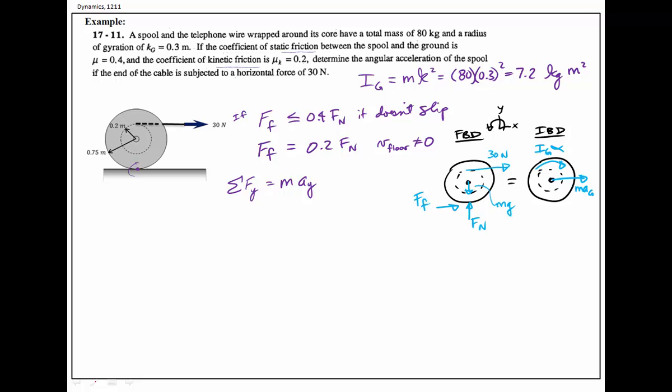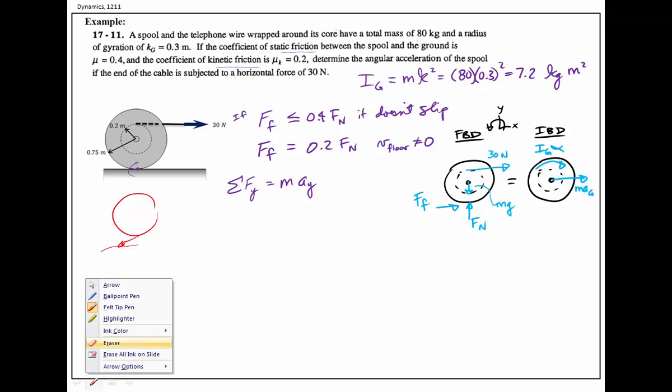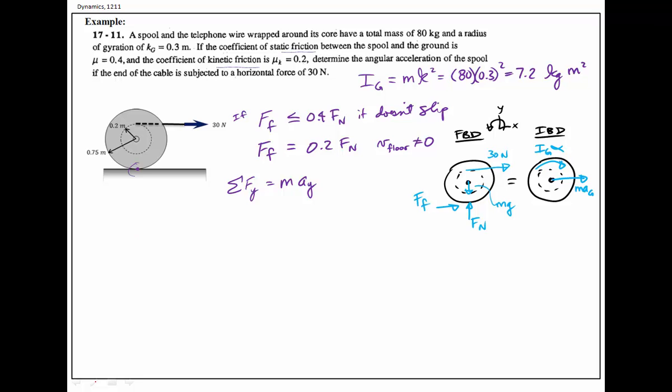The wheel itself will impart a force onto the road. I like to draw it a little bit like this. This is not a correct free body diagram because this is the force of the wheel acting onto the road. Well, we know that the road will instead impart upon the wheel an equal and opposite direction force.